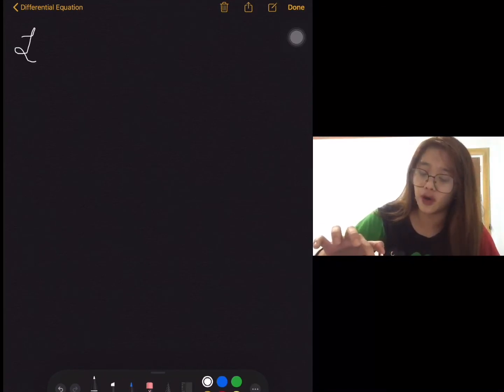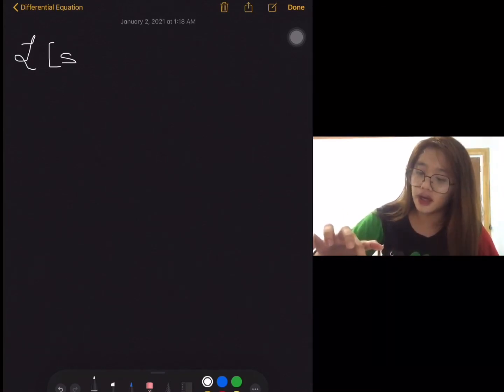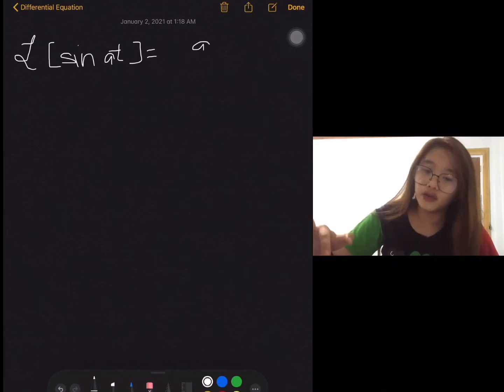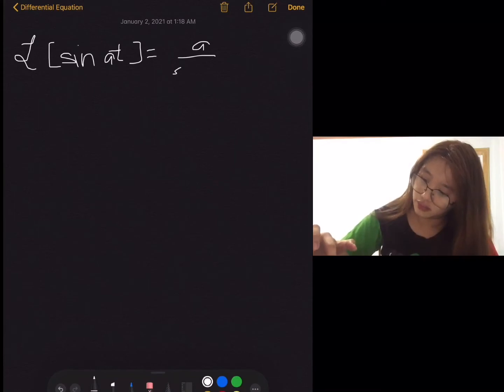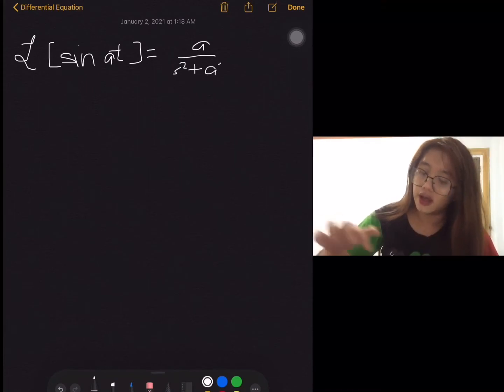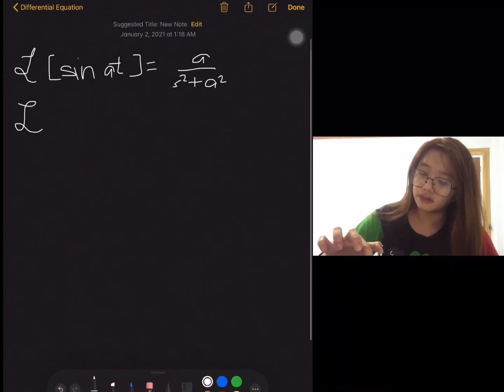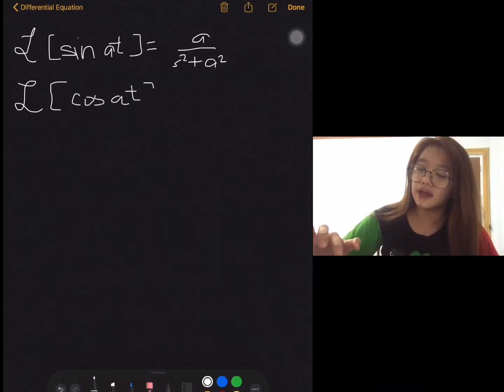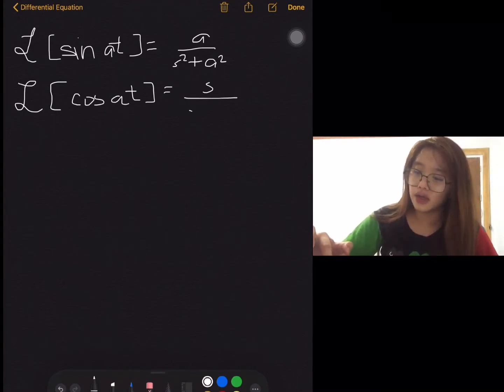The Laplace transform of sine at, where a is a number, is equal to a over s squared plus a squared. And the Laplace transform of cosine at is equal to s over s squared plus a squared.